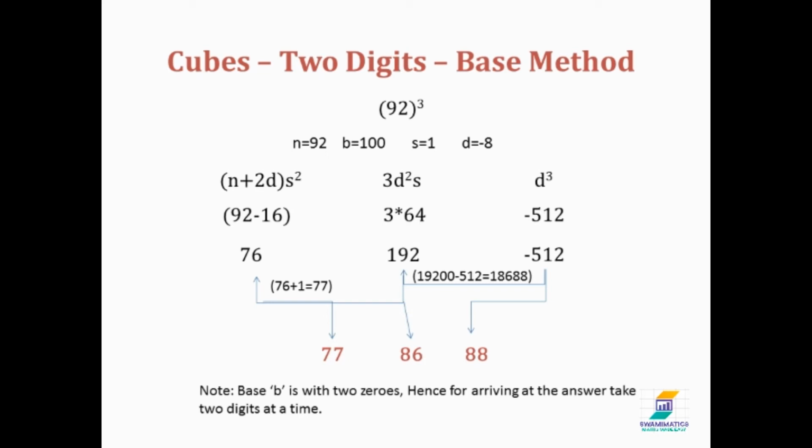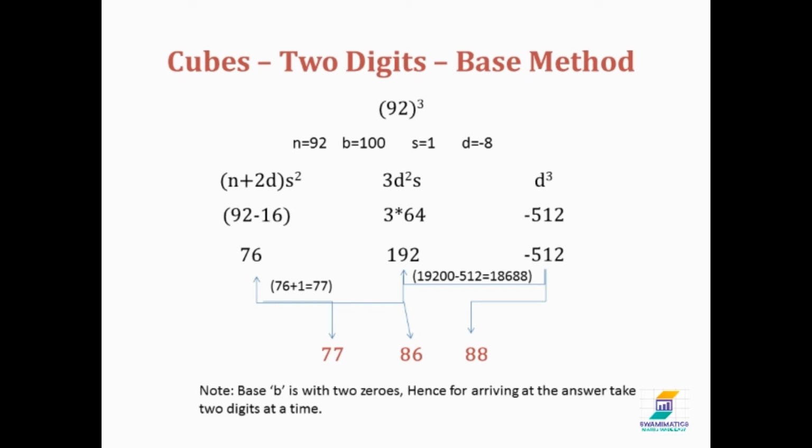Right? So when the number is negative, you need to be a little bit careful. But subtraction is a difficult thing. So it is always better to take a number which is close. Suppose I do the number with b as 90, what will happen? S will become 9, but d will become 2.